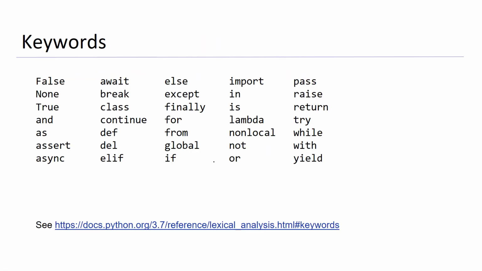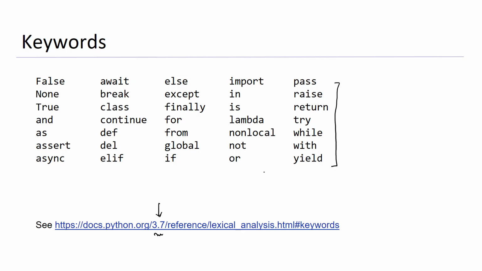Python has in total 35 keywords, and this is the list of keywords in Python 3.7. The list might change for Python 3.8 and 3.9, as some new keywords might have been added. However, Python 3.7 has a total of 35 keywords.